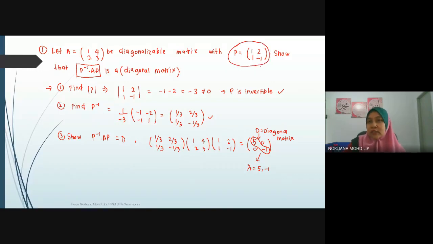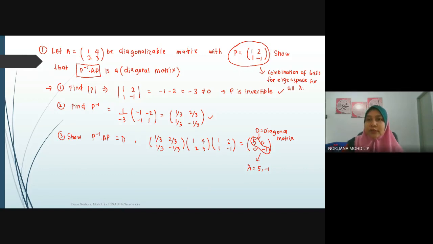Matrix P is the combination of the basis for the eigenspace for all eigenvalues, for all lambda.